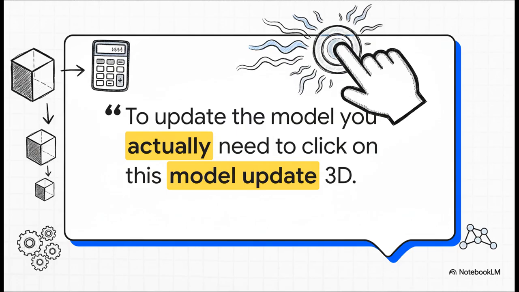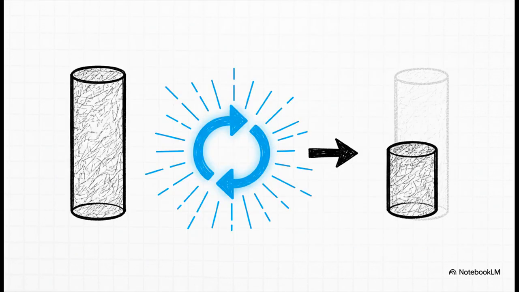There's no recalculating volumes or heights by hand, no manually typing in new dimensions. You just click one button to sync the new calculations with the model. And just like that, the 3D model updates itself. You can see it's physically shorter and smaller because the height parameter was automatically recalculated and applied. The math and the model are now perfectly in sync.